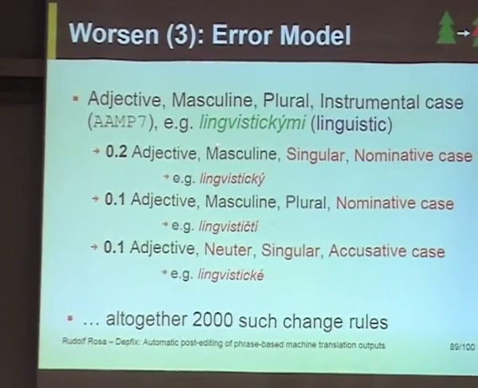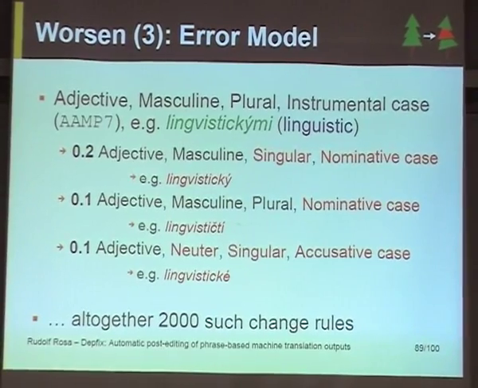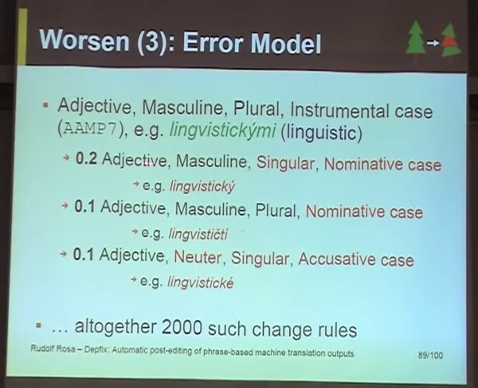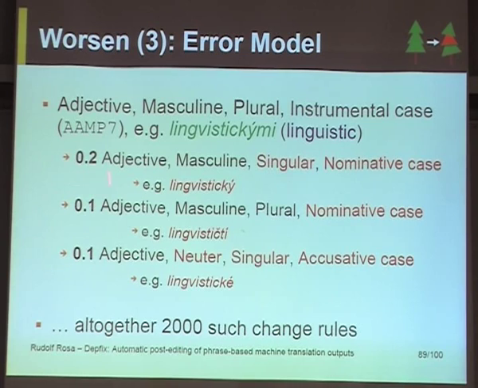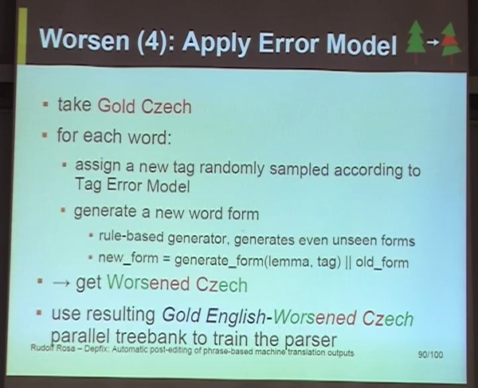Here there are some possibilities for the word "linguistic", and these are probabilities that it will get wrong. For example, that it will have an incorrect number and case, the probability is 0.2, and so on.